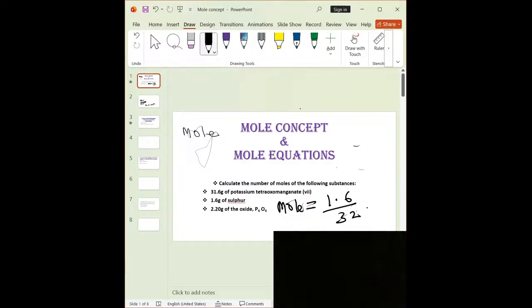Therefore, 1.6 divided by 32, and the answer is 0.05. Therefore, mole equal to 0.05 mole.